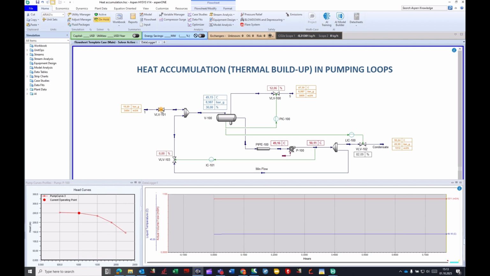But in extreme cases, for any reason, if we have no inflow to the system, the full flow through the pump will be recirculated, so only the minimum flow will be flowing in the system, and that can rapidly increase the temperature depending on the size of the vessel and the heat transfer, etc. in the systems, and also the inefficiency of the pump.